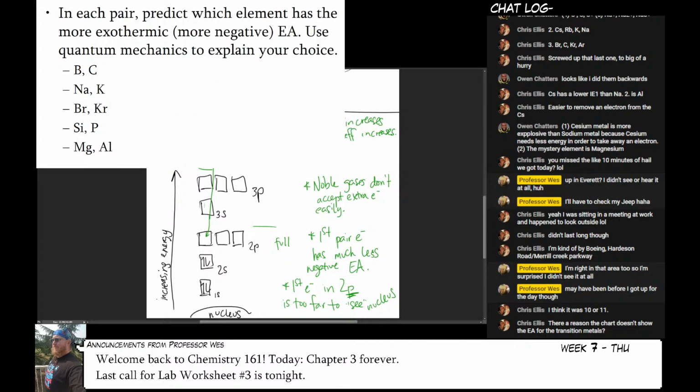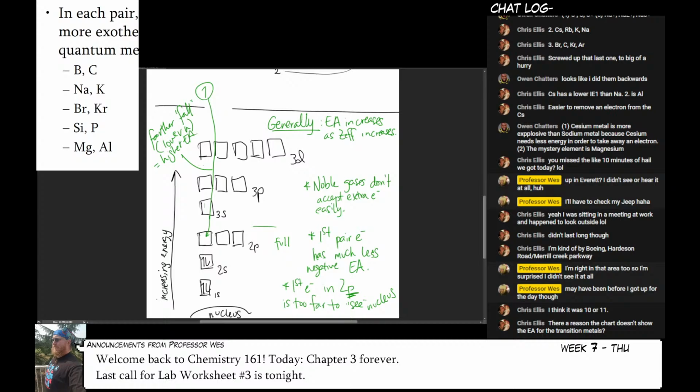Beware of exceptions, because I hit like 3 exceptions here, so I try and do one of each. And really, that's all I'm going to care about for electron affinity is, do you know what it is, and can you pick the exceptions? So try not to just refer to the numbers. Use the trends that we've discussed and the quantum mechanics behind them. We'll go over the answers in like 3 or 4 minutes, and then we have a surprise.